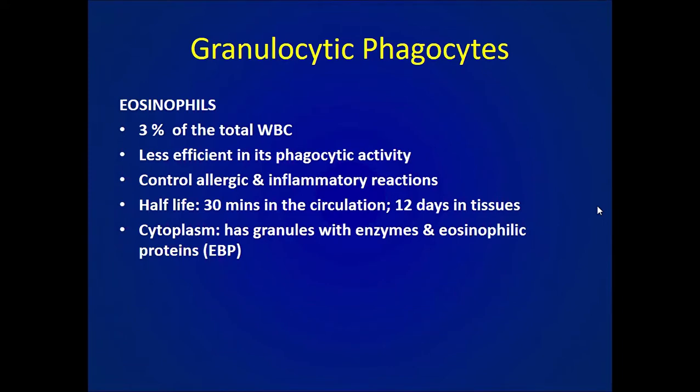They stay in your circulation for about 30 minutes, and they can also be deposited in the tissues and stay there for 12 days. The cytoplasm contains granules that have enzymes and eosinophilic proteins.